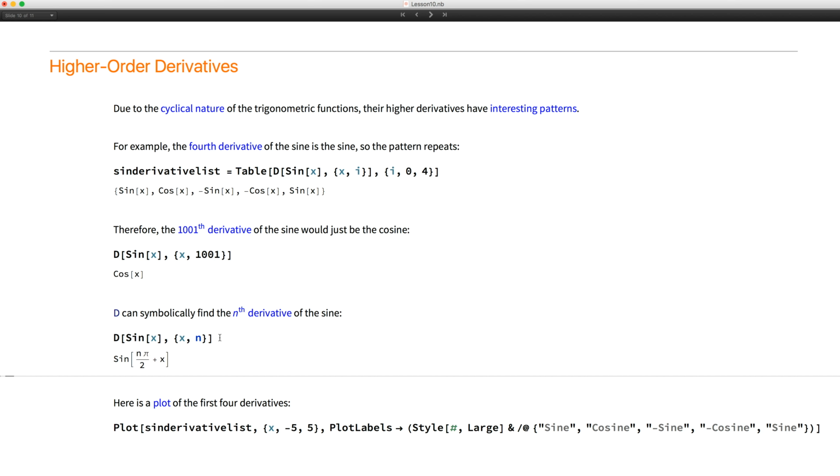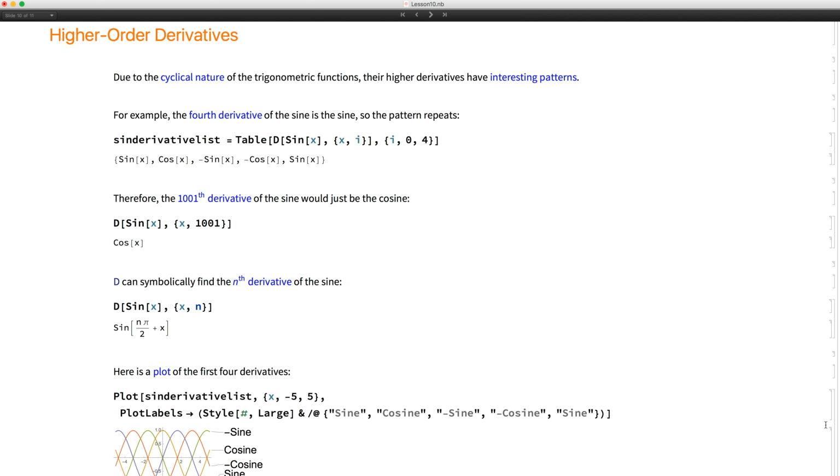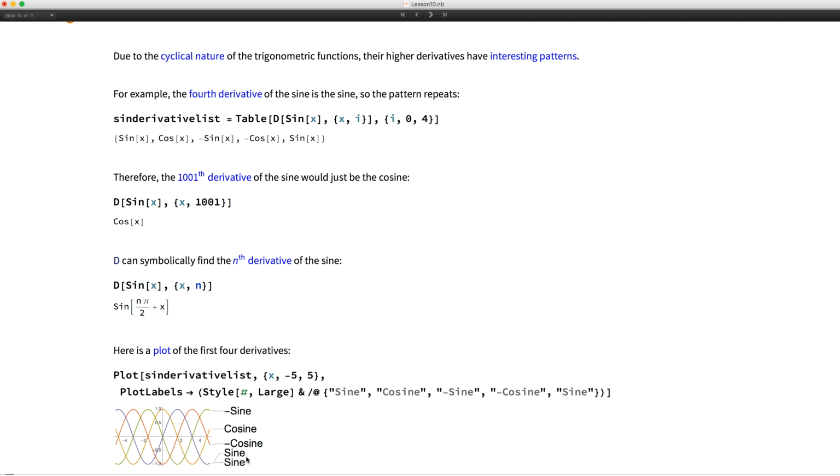You can check that that gives you the correct answers when you plug in the values of n as 1, 2, 3, 4, etc. Finally, here is a plot of all the derivatives of sine x, and you see quite clearly that you start off with sine, then you go to cosine, then negative sine, then negative cosine, then you come back to sine.